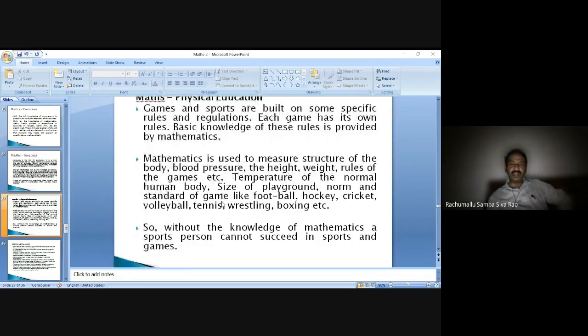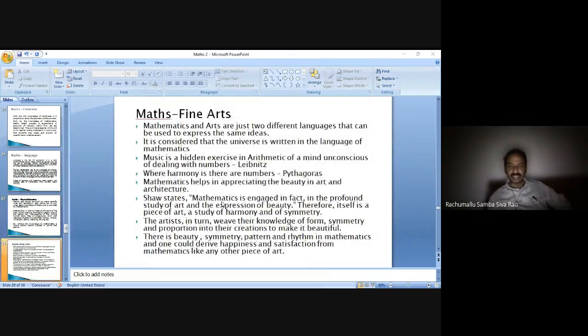Coming to mathematics and fine arts. Mathematics and arts are just two different languages that can be used to express the same ideas.